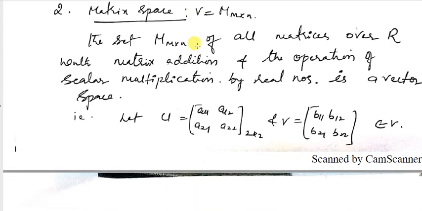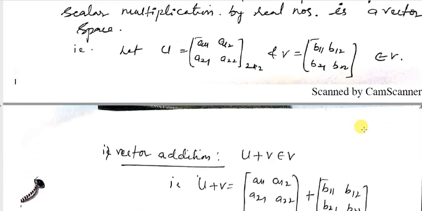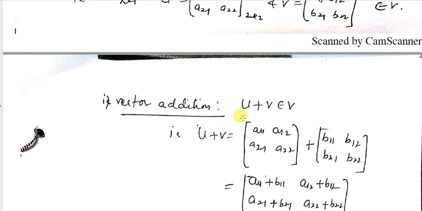So here I will consider a matrix of order 2 cross 2, and I will take two elements in V. Let U is equal to A11, A12, A21, A22, and V is equal to B11, B12, B21, B22. Let us find the vector addition.